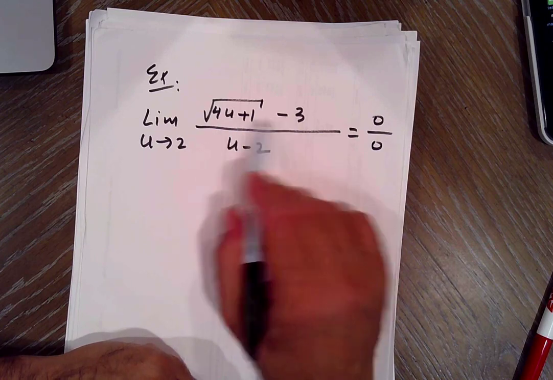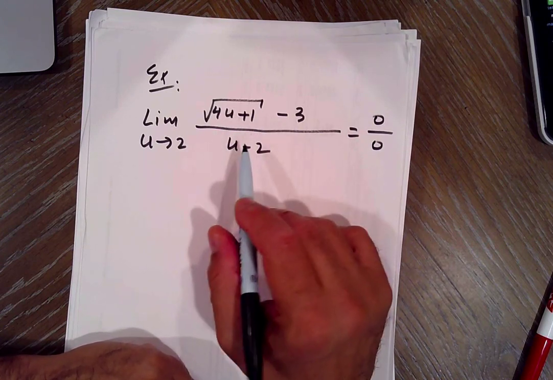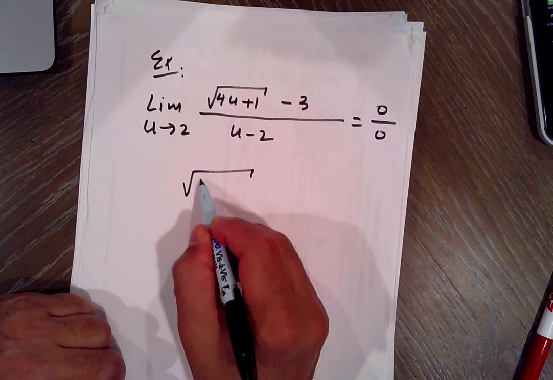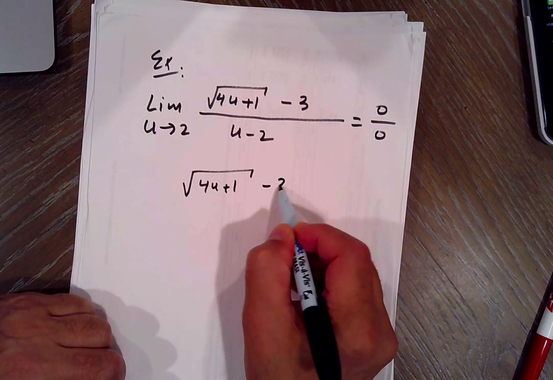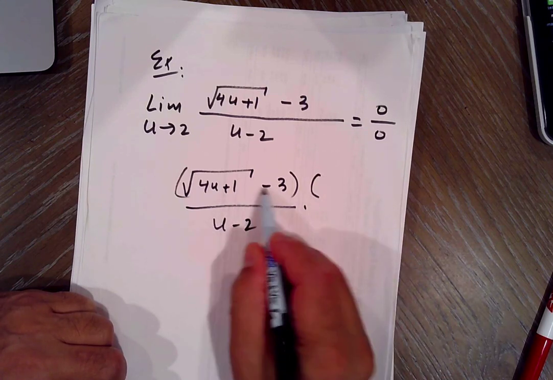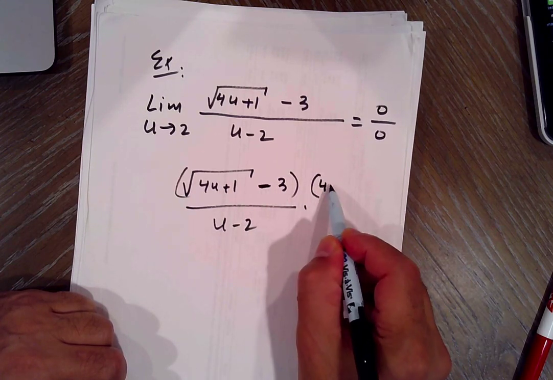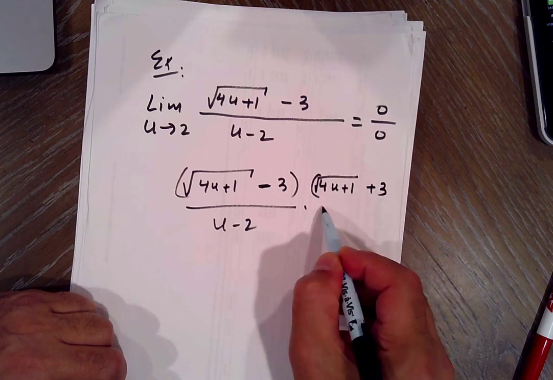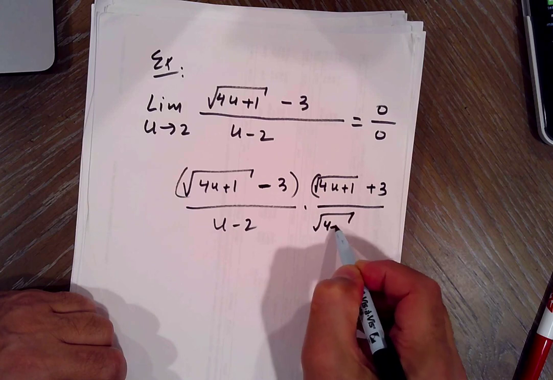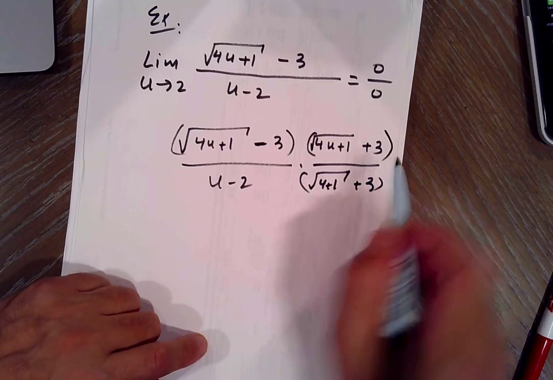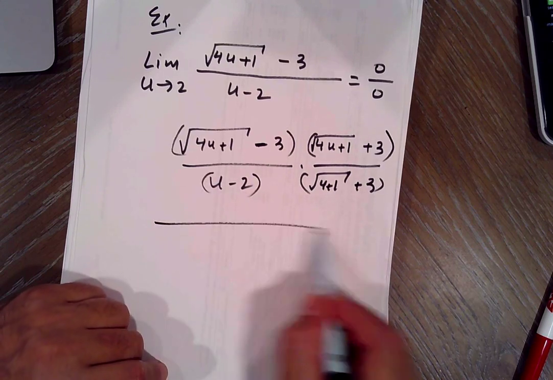See, when we have a square root like this with two terms and we can't factor that, what we're going to do is rationalize it. Rationalizing the numerator means you multiply by the conjugate, and the conjugate means you switch the sign. So you do square root of 4u plus 1 plus 3, and then square root of 4u plus 1 plus 3 on the bottom. Okay, and then you FOIL it. So you leave the bottom, you don't mess with this.